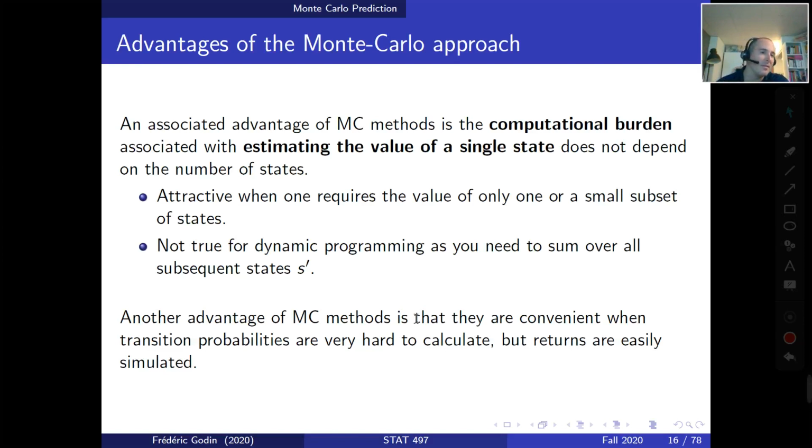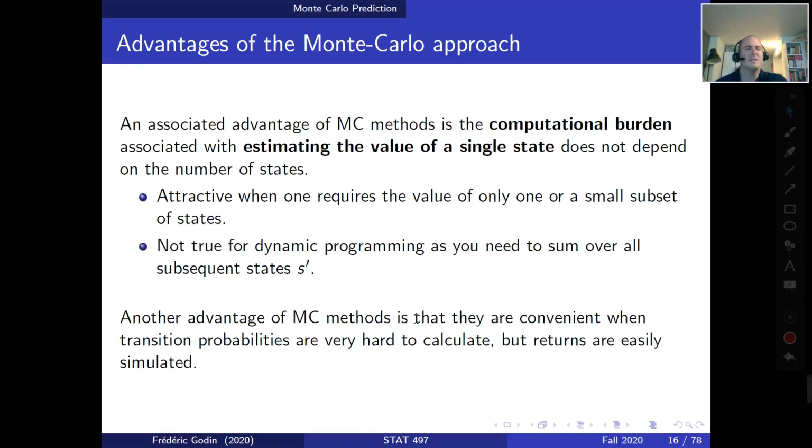So when the number of states is large, you don't have to compute larger summations. You can still take the same exact average of returns across paths. So the algorithm won't be longer in that sense.